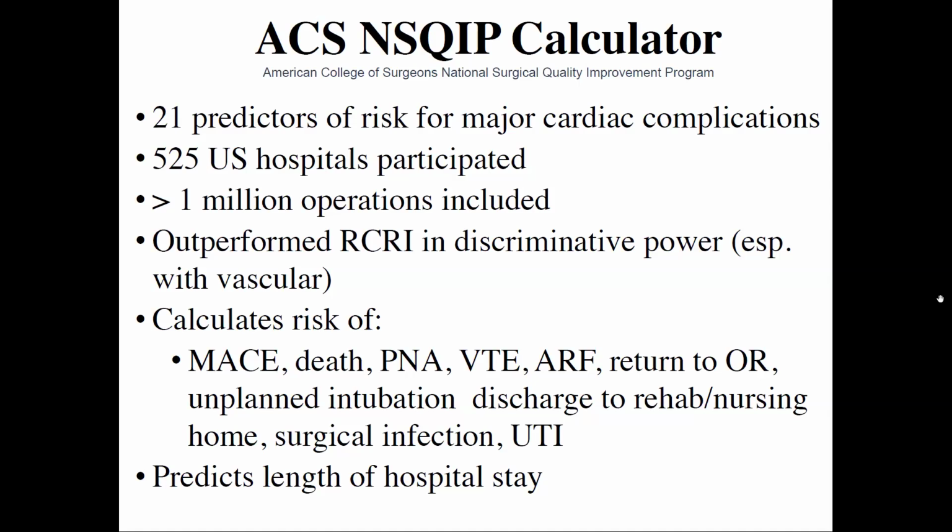Then it will give you a printout of their risk of wound infection, their risk of pneumonia, and their risk of MICA, which is their version of MACE, MI or cardiac arrest. If that's greater than 1%, that's your elevated MACE risk there.